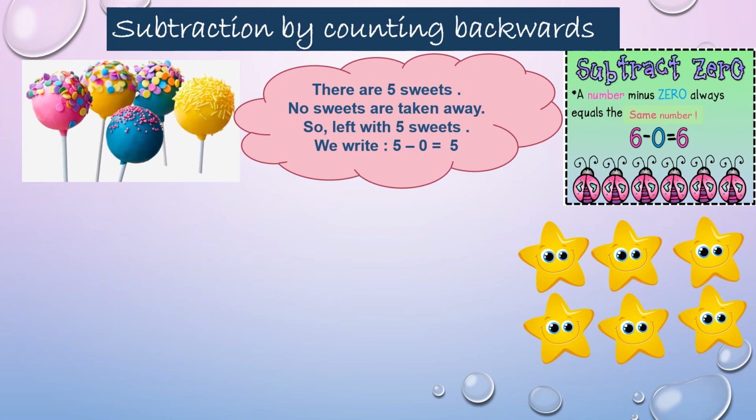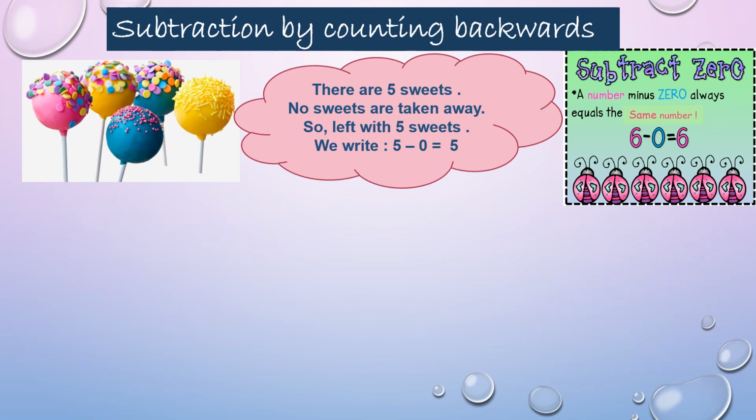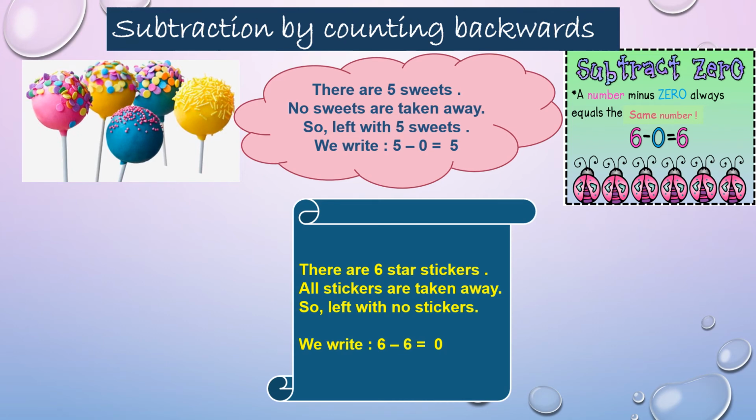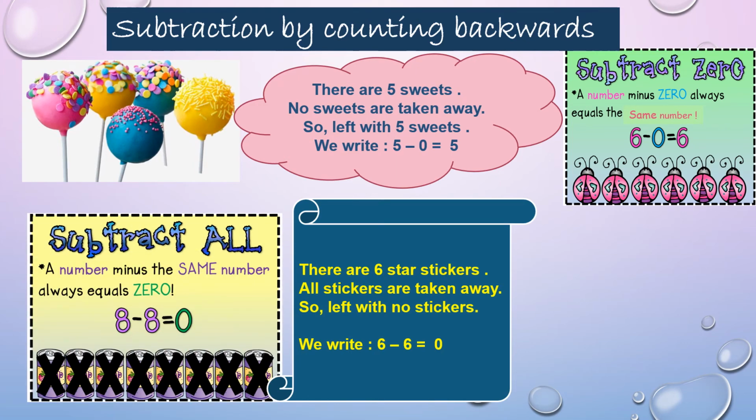So we can say that 6 minus 6 is equal to 0. Or we can say that when a number is subtracted from itself, the difference is always 0. A number minus the same number always equals 0.